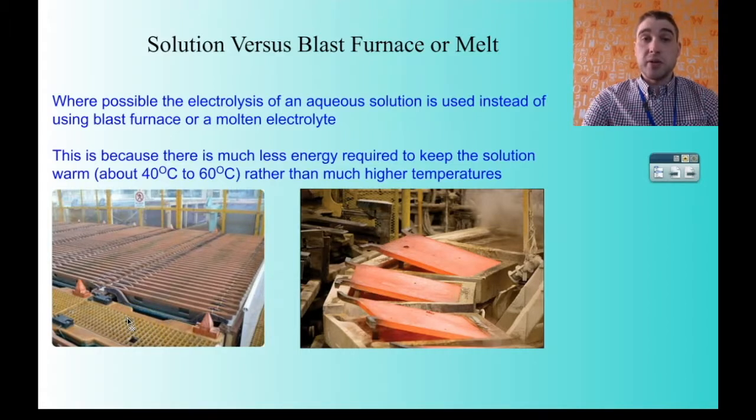Whereas if you need to use a melt, you need to heat up the salt to its really high temperature before the ions will separate and it will melt, and that requires an awful lot of energy. In the blast furnace as well, you need to provide a lot of energy to heat up the blast furnace so that it's effective at turning the carbon into carbon monoxide so that it can reduce the metal ions. So if you can, use an aqueous solution.